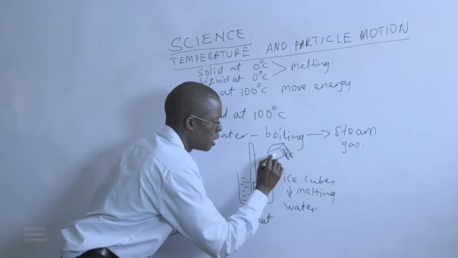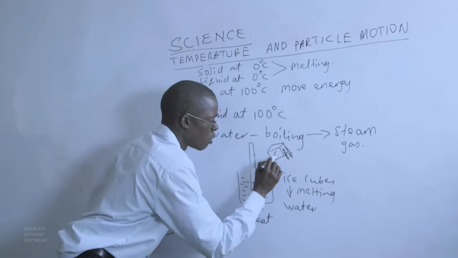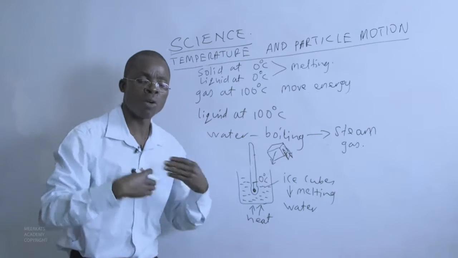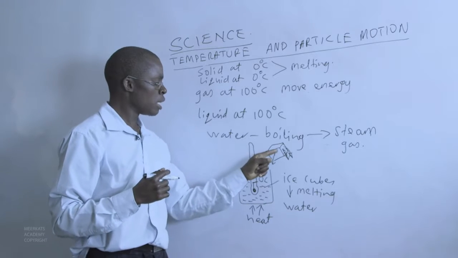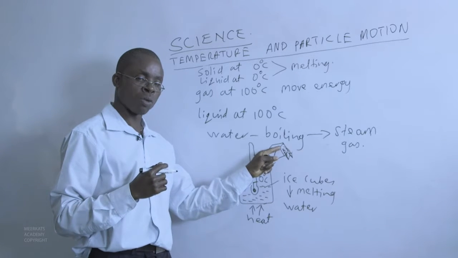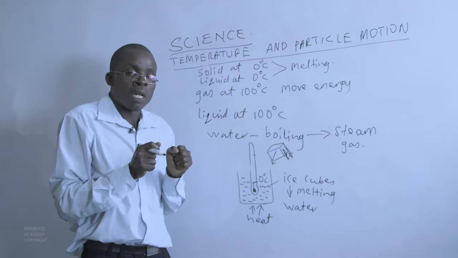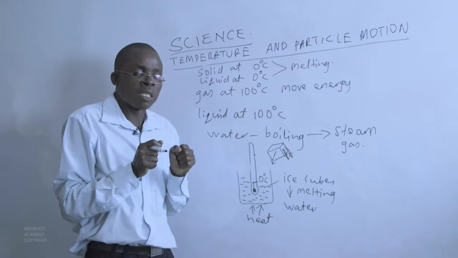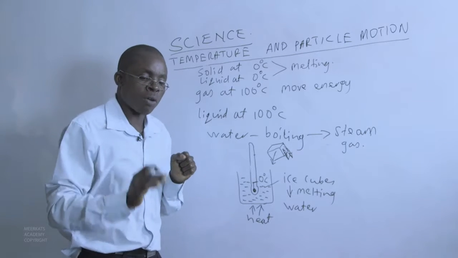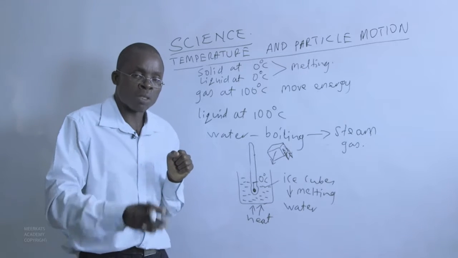In a liquid state, particles roll, because if you are rolling, it means you are going down. So you will see the solid ice cube will still be in that position. But as it melts, the part that melts rolls down.